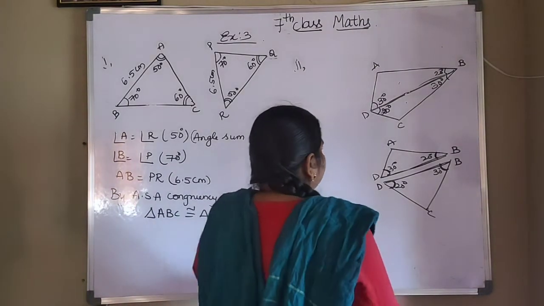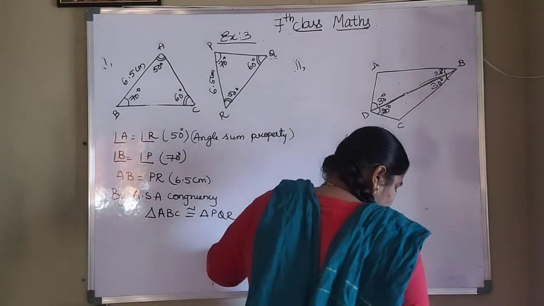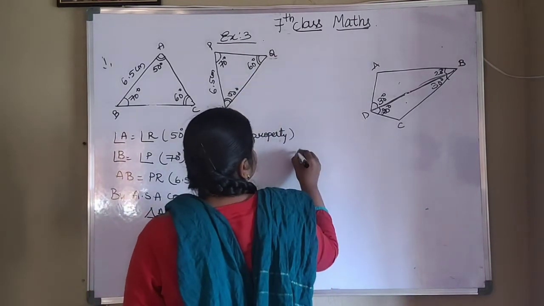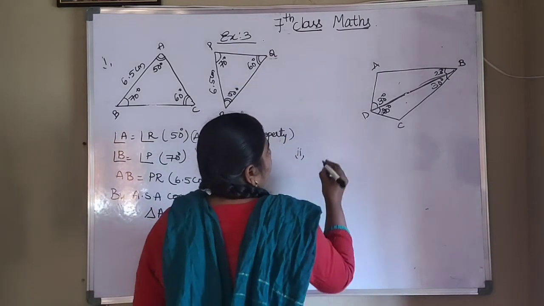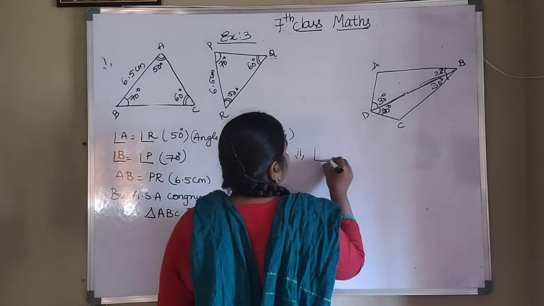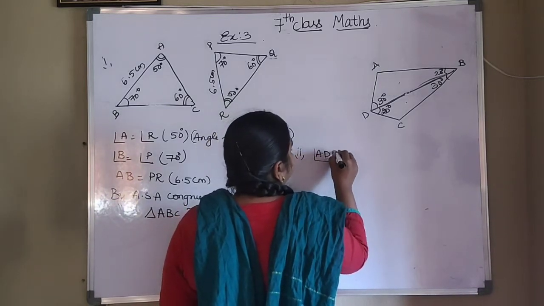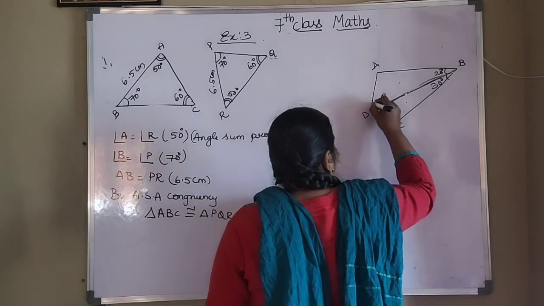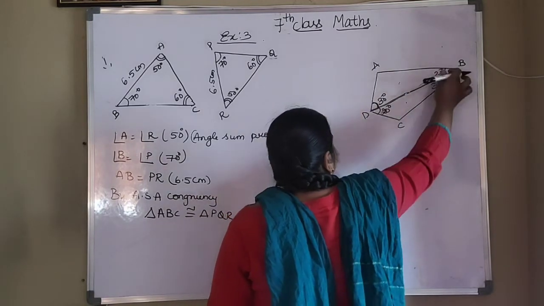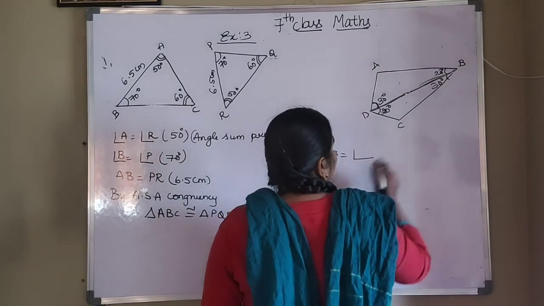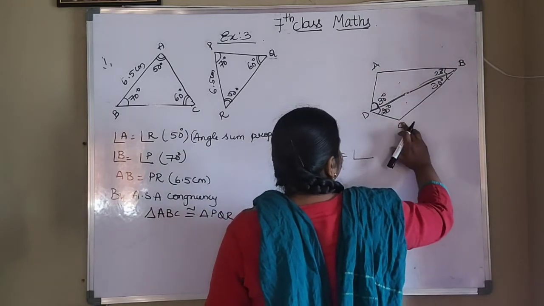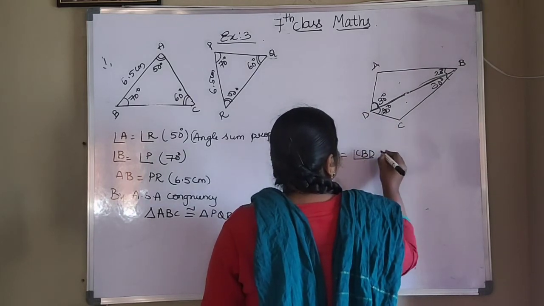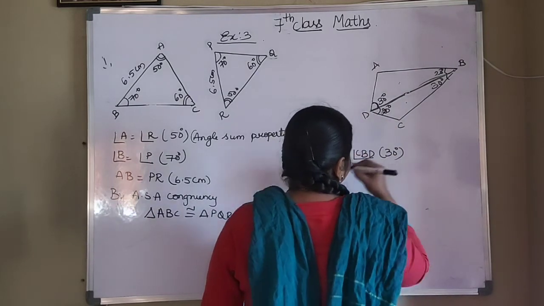So you write here. What we have to write is angle ADB, I am talking about this angle, this part. Angle ADB is equal to angle, where is 30? This part, that is CBD, that is equal to 30 degrees.